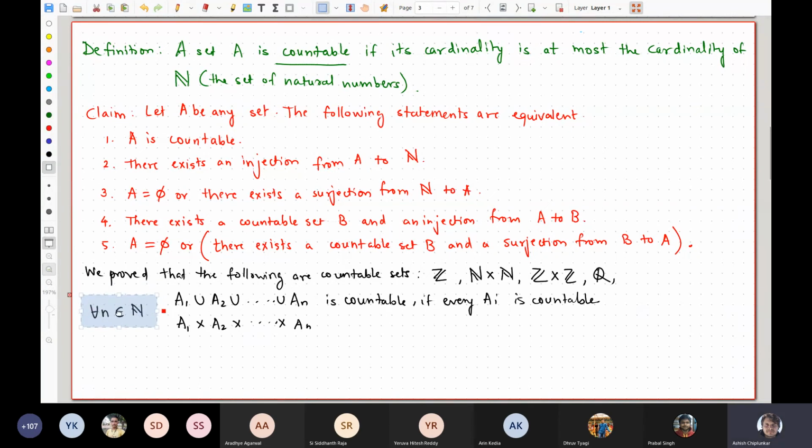We just did it for two sets. We really didn't do it for every n, but I'll leave this as an exercise for you to do by induction.